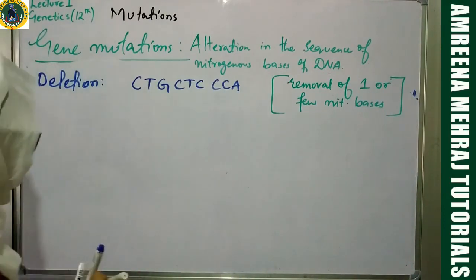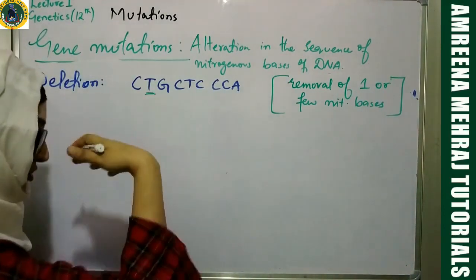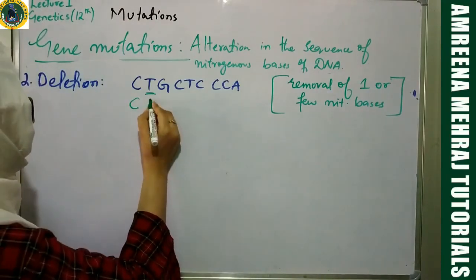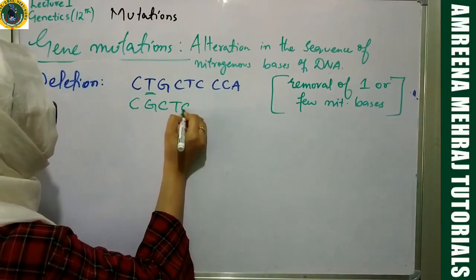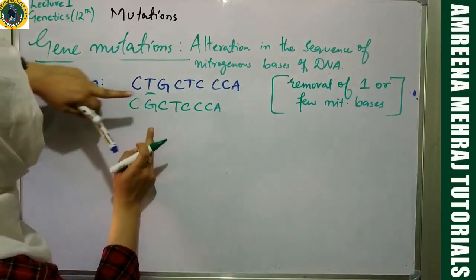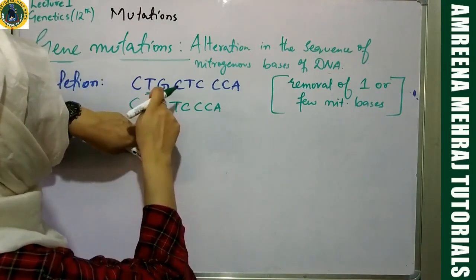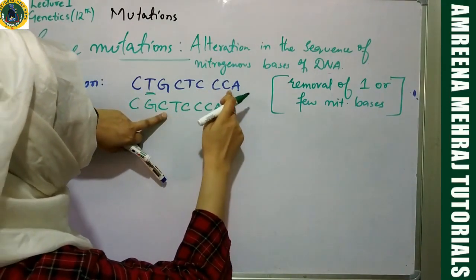Say, for example, suppose this T got removed. So what are we left with? C, G, C, T, C, C, C, A.